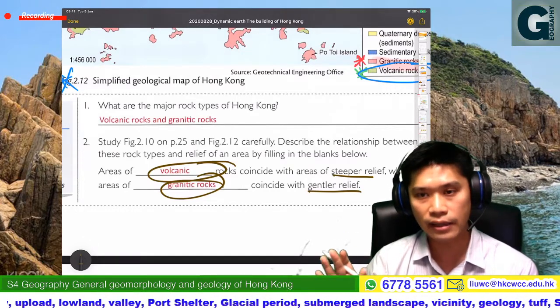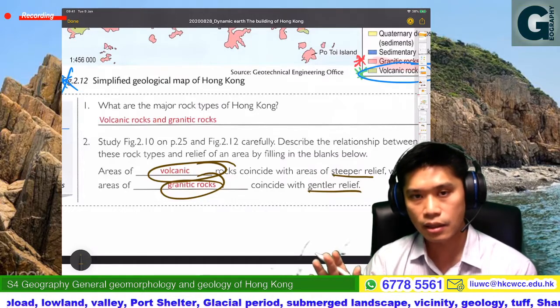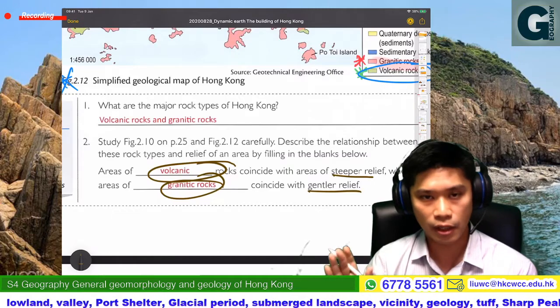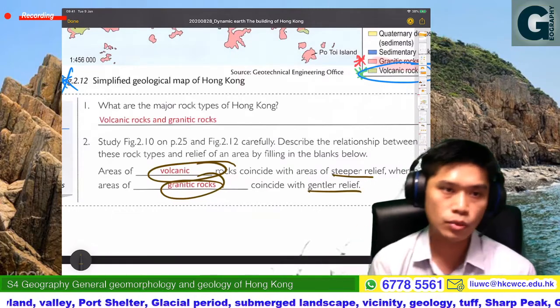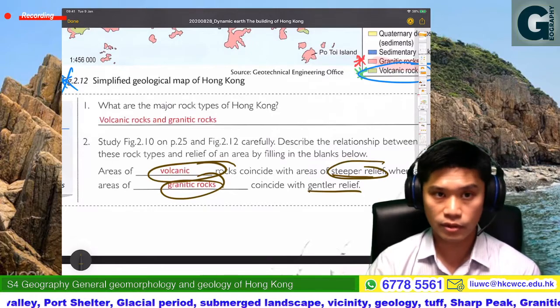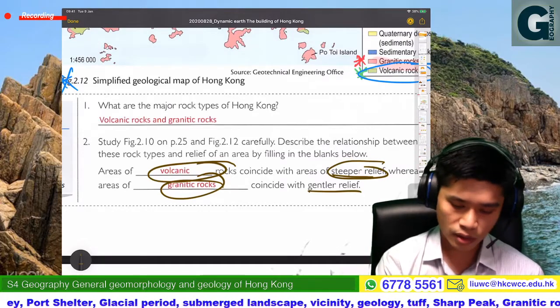OK，呢個要記低佢，以個 resistance 嚟計，嗰個抗蝕力嚟計，火山岩係比花崗岩高嘅。That's why, the volcanic rock would have the steeper relief, while granitic rock gentle relief.